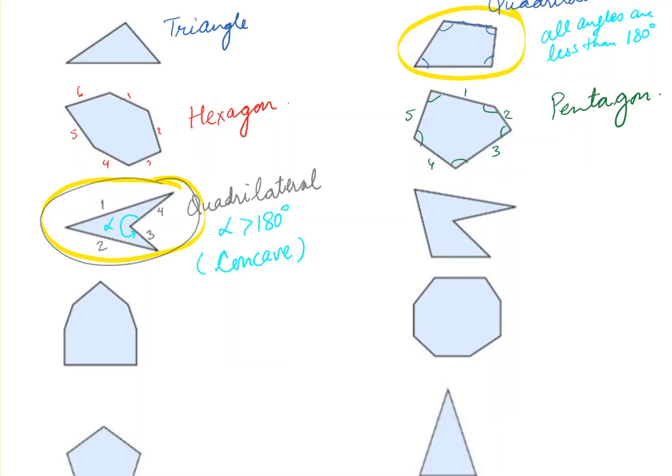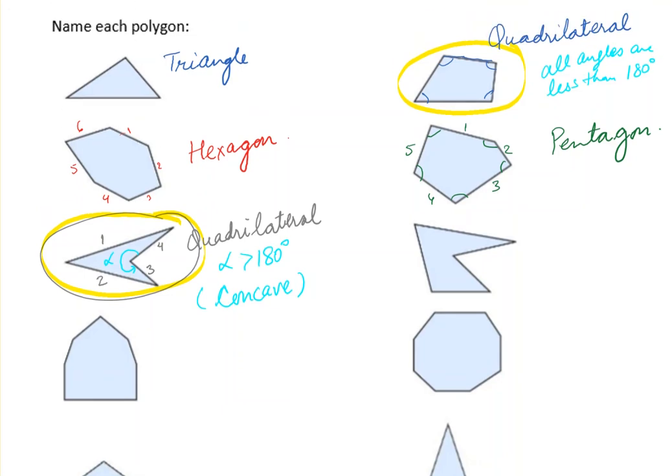So all the other three shapes that we have discussed so far are convex polygons. So I'm just gonna write concave in front of polygons which have the concavity, which have an angle greater than 180 degrees.